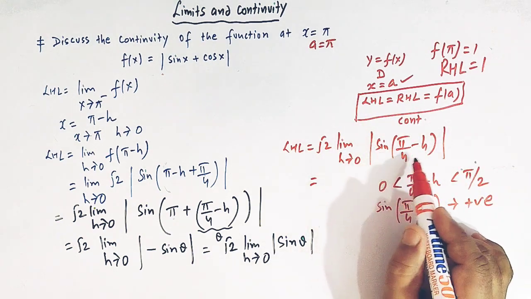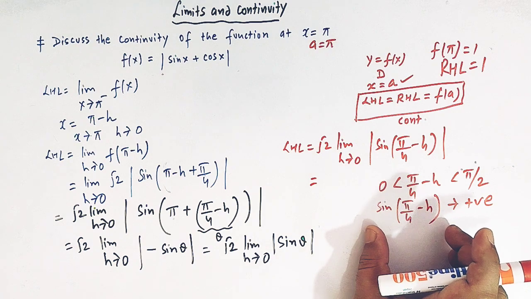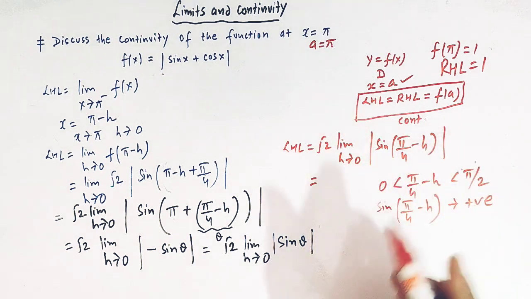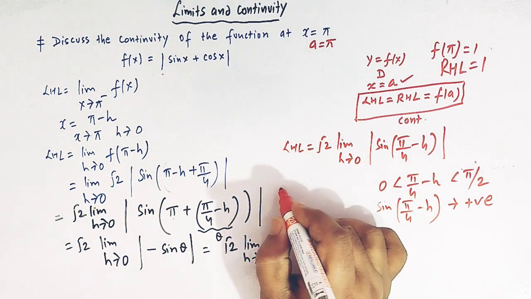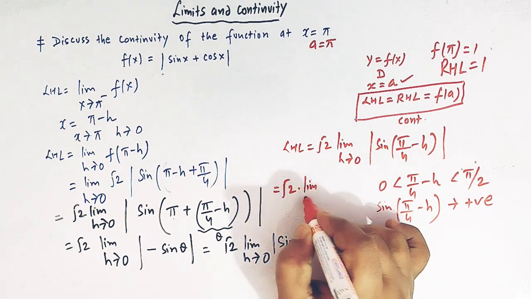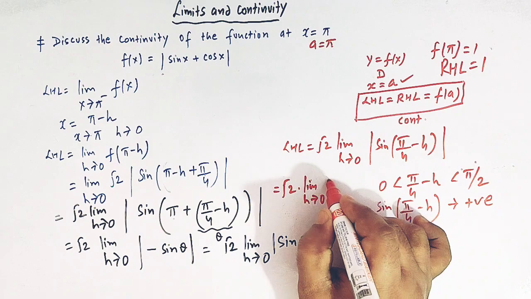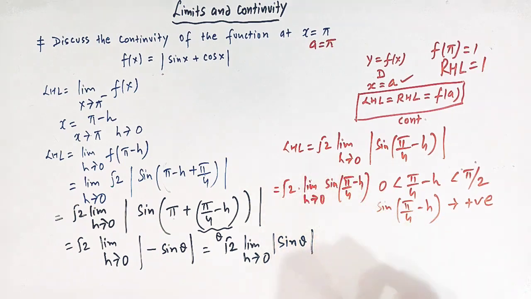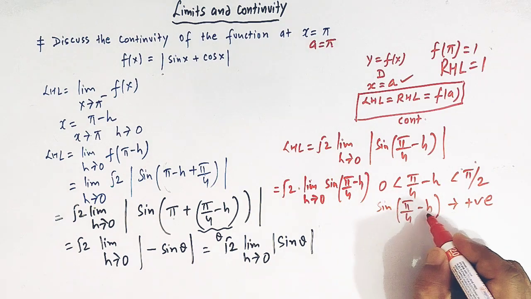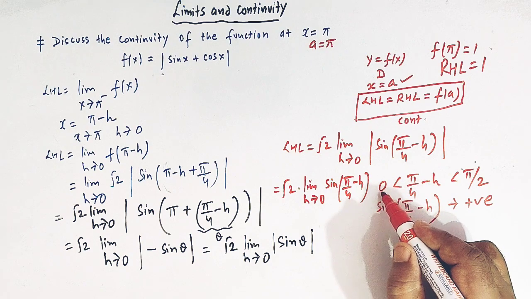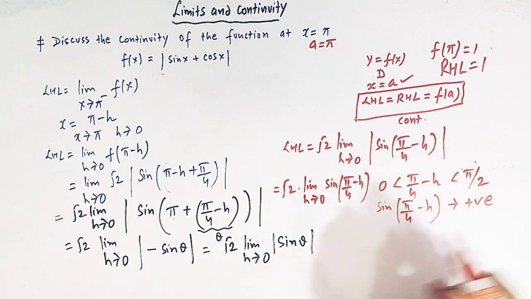So mod of sine pi by 4 minus h can be taken as sine of pi by 4 minus h, as we have done earlier. So using the definition of mod function, we can now write square root of 2 times limit h tends to 0 of sine of pi by 4 minus h, because sine pi by 4 minus h is positive, because pi by 4 minus h lies between 0 and pi by 2, right?